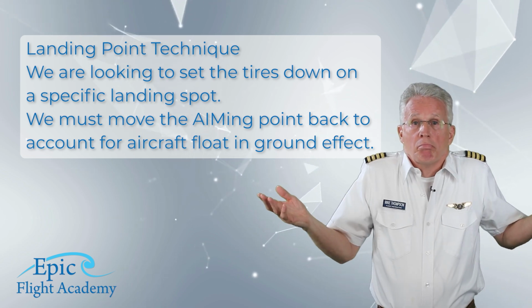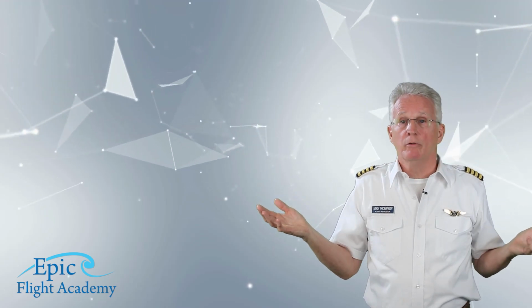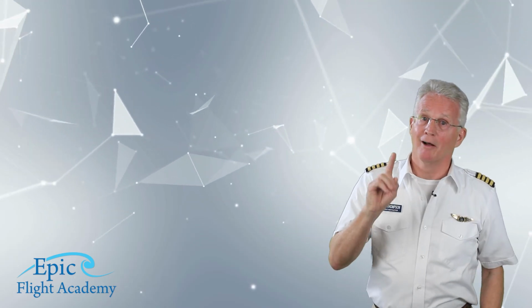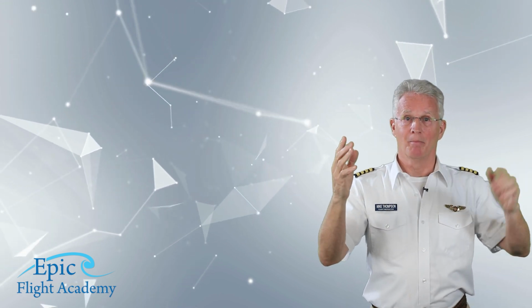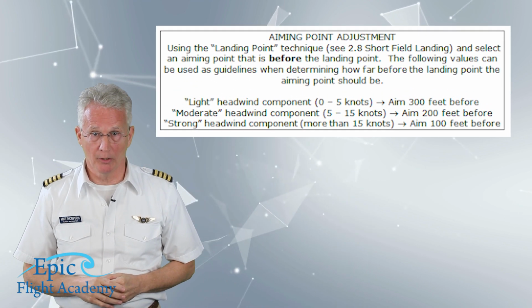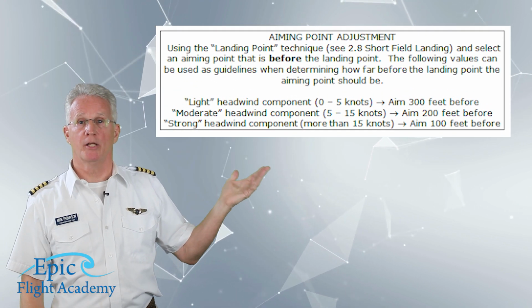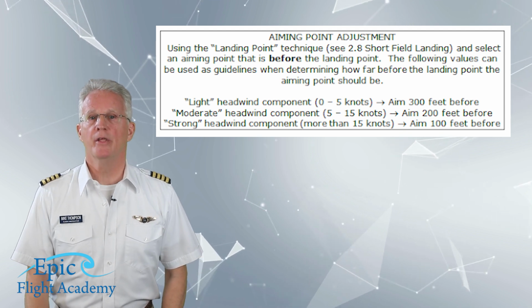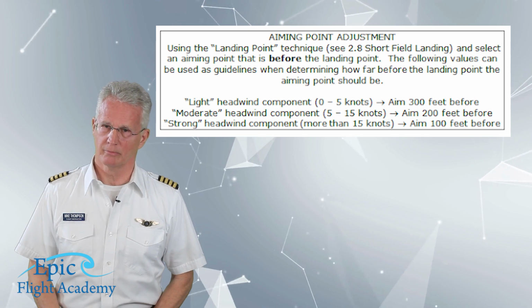And so, how far back from the spot of landing should I move the aiming point? Well, of course, that depends on the wind. Have a look at our table here from the Epic Standardization Manual, page 116. This gives us an approximation to start with.